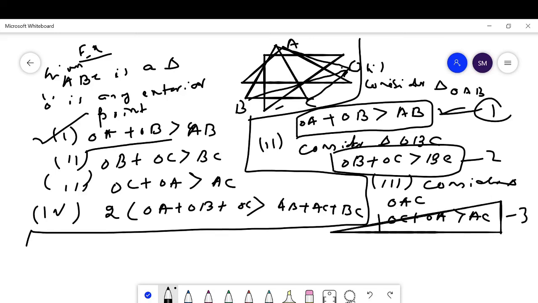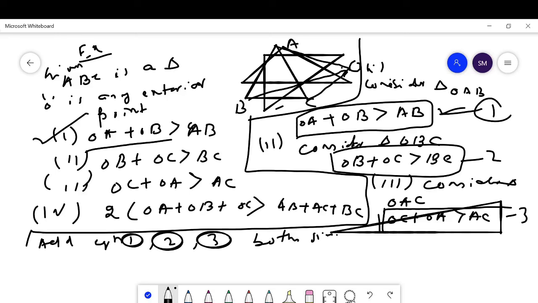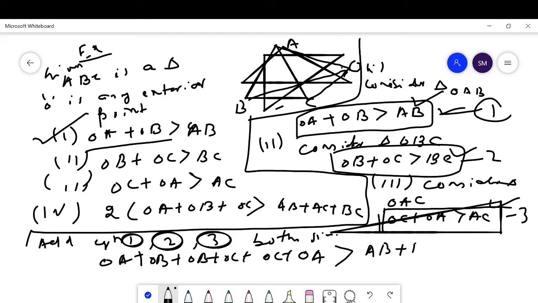Then add equation 1, equation 2 and equation 3 on both sides. Then we get OA plus OB plus OB plus OC plus OC plus OA on the left side, and on the right side, AB plus BC plus AC.